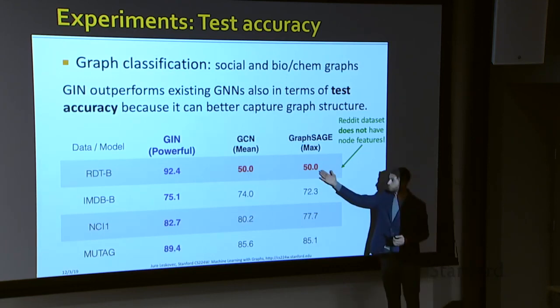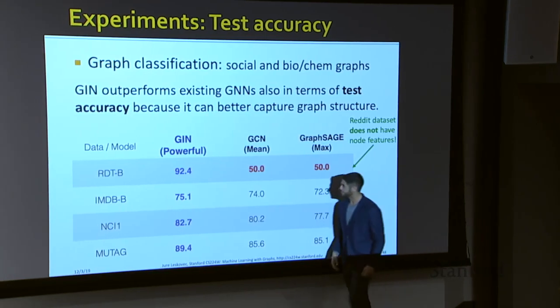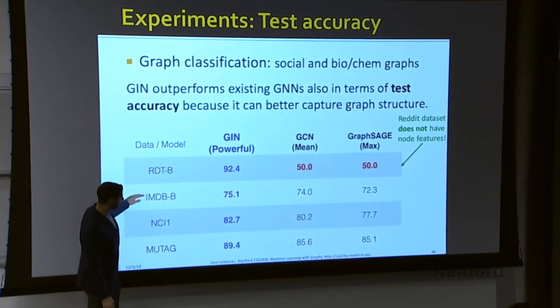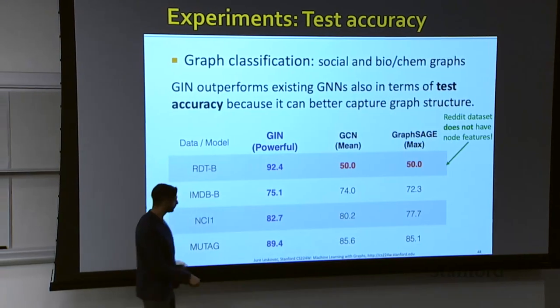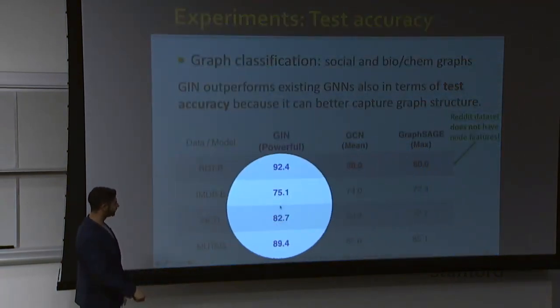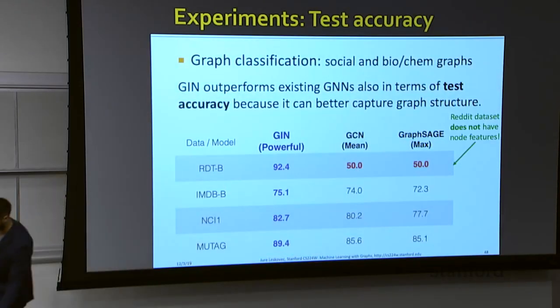Therefore, there is no way for a GNN, for a GCN, or for GraphSage to understand if these graphs are different or not, all right? And instead, in this case, GIN shines with more than 90% accuracy. And it also performs better even on datasets that do have features on the nodes. It still does relatively better on those tasks as well, okay?